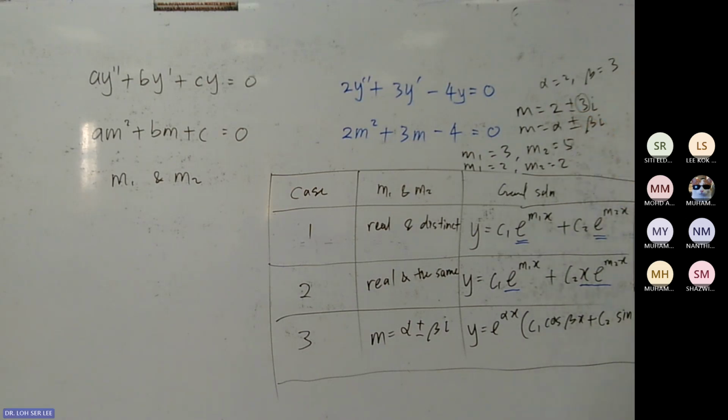Plus minus, right? The beta must be positive. So according to this case, the answer will be e^(2x), in the bracket C1 cos 3x plus C2 sine 3x. So it depends on the values of m that you found from the quadratic equation.